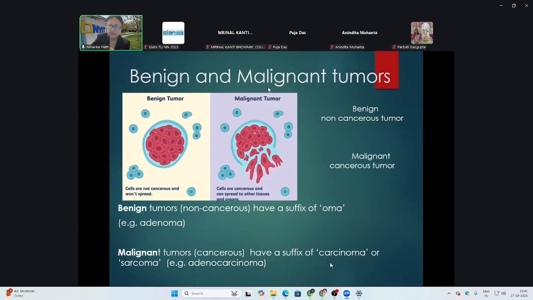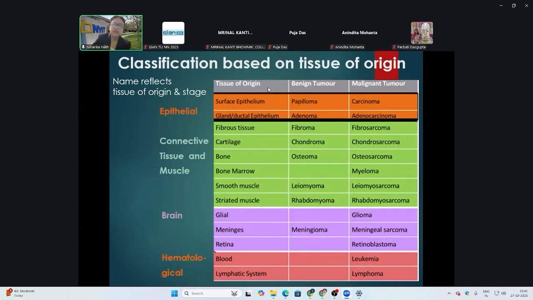So let's look at how we name these cancers. Where do the cancers come from? How do we classify? The classification of these cancers is based on the tissue of origin. What is the tissue of origin? Where did it start?